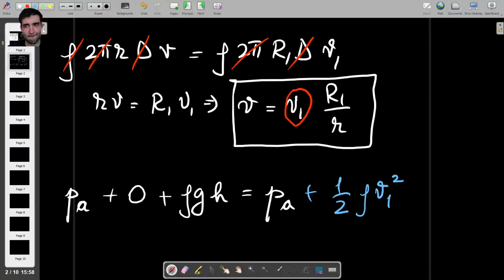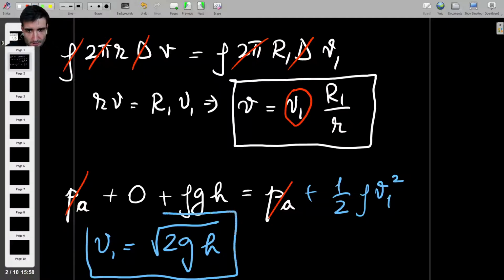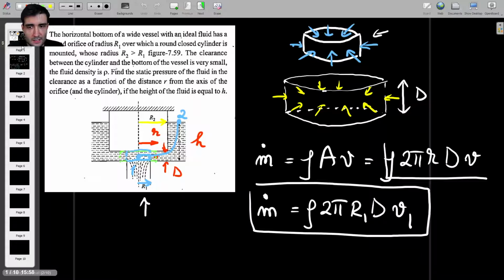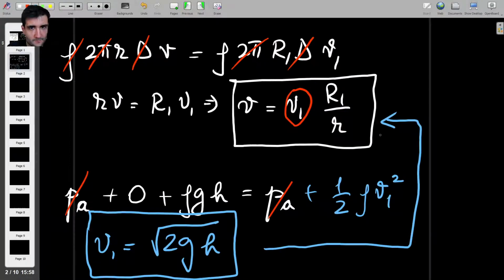The PA's cancel out, which gives us that v1 will be equal to square root of 2gh. This is the velocity of the water at the exit point, at point 1, which means that we can now take that velocity and substitute it in this equation, and we'll be able to find what v is.